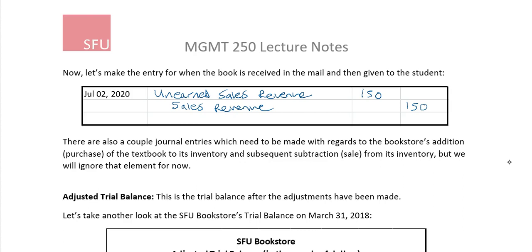In this next quarter, which is a couple days later, on July 2nd, just write down a brief description: book sale completed.